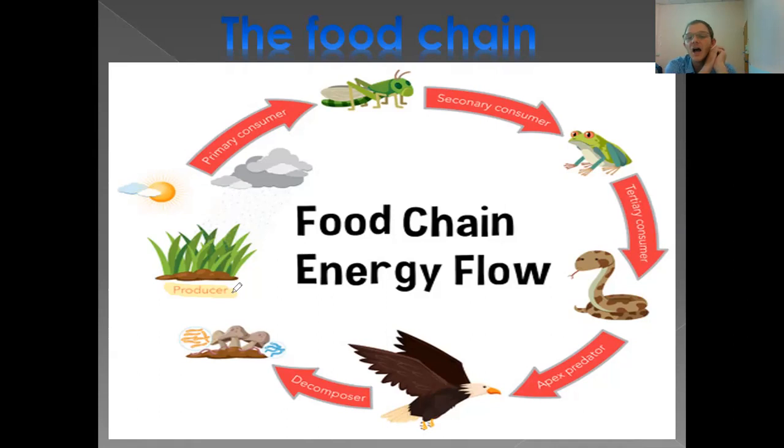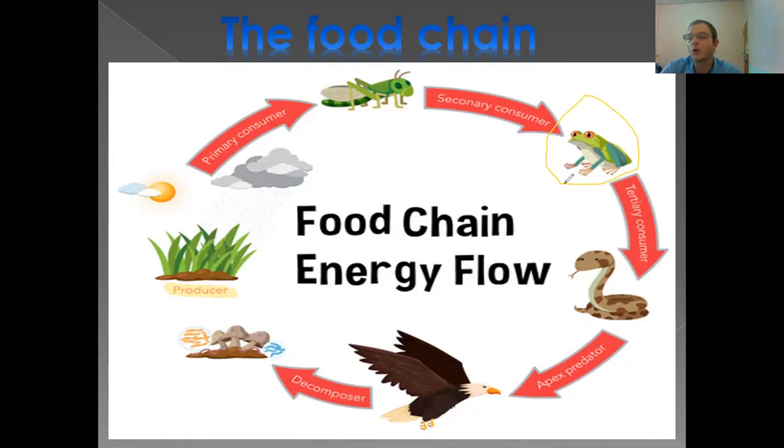Now our secondary consumer, which is our frog, here on this picture, has enough food and energy to make more baby frogs and to produce more of himself.